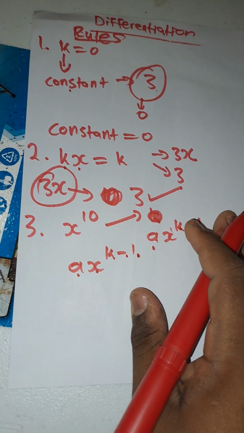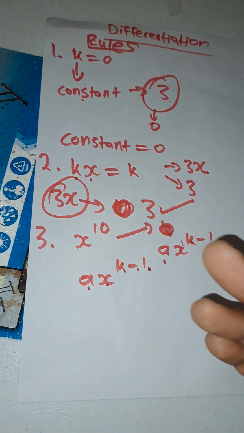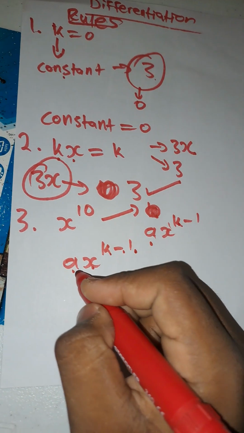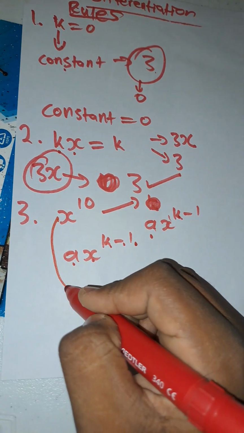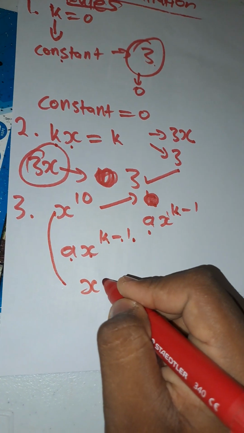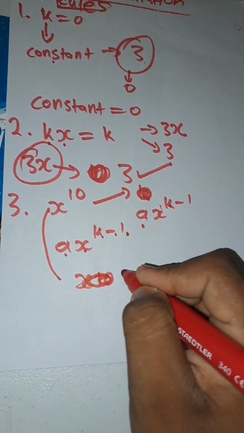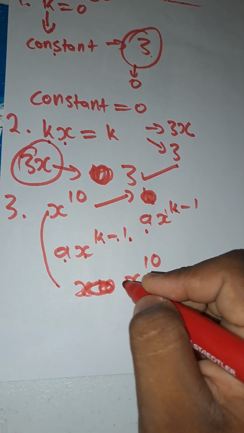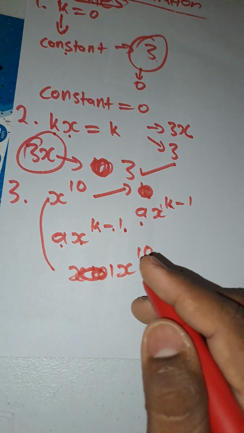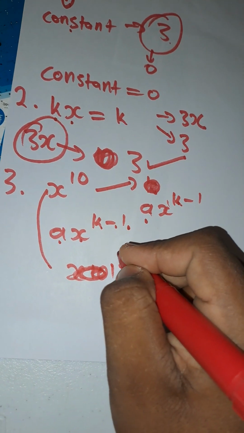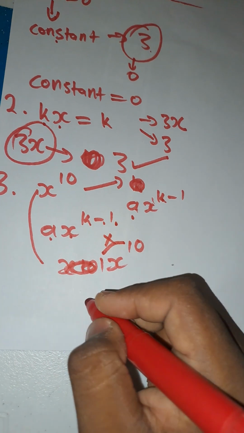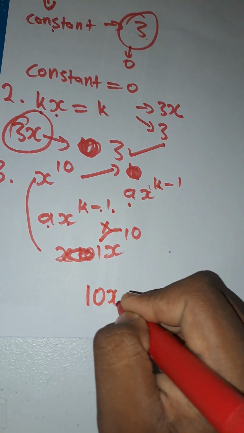So if I want to differentiate it, I have the example there. My example is x to the power of 10, and this x doesn't have a coefficient, so its coefficient is 1. For you to differentiate it, it will be 10 times 1, so it will be 10x.